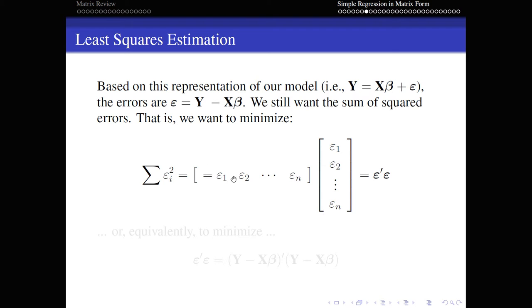But now, for the sum of squares of the error term, what we're looking at is this epsilon transpose times epsilon. Now, if you want to think about this, epsilon transpose times epsilon, well, that's going to take each of these epsilon terms, multiply them by each of themselves, epsilon 1 times epsilon 1, epsilon 2 times epsilon 2, and add them up.